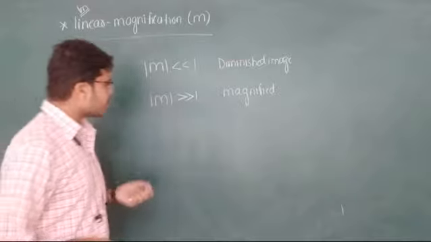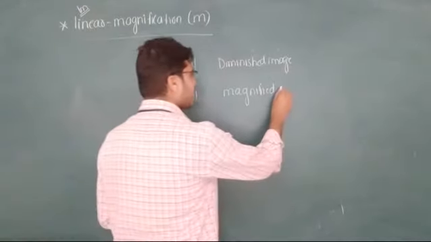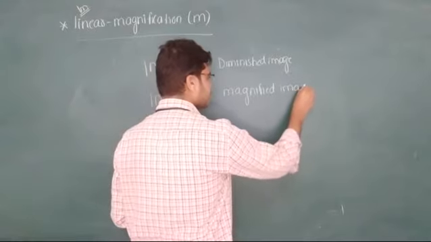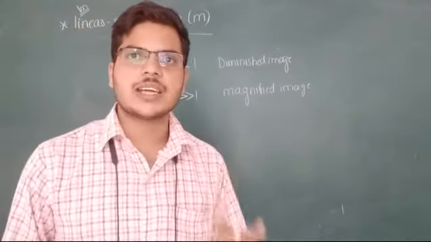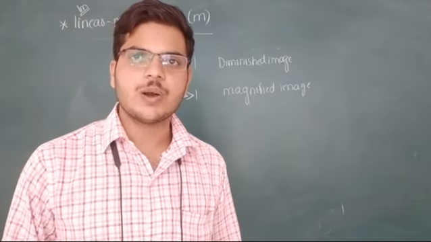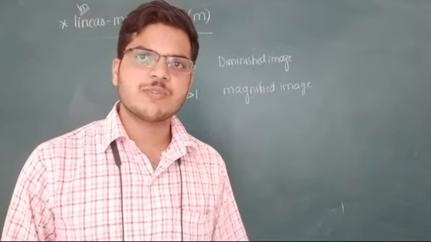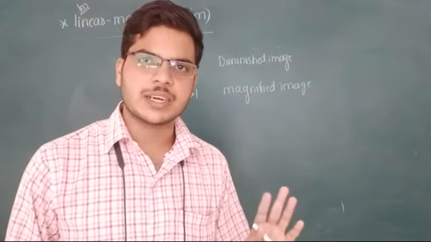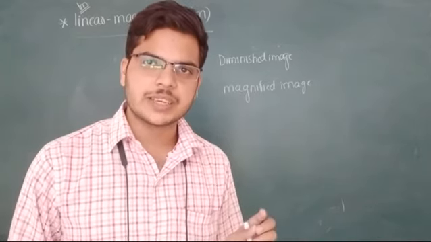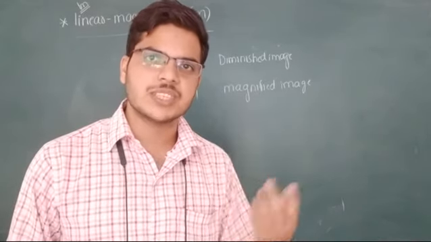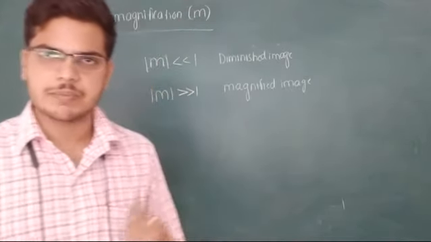Magnified image means the size of the image is larger compared to the object. If the object is 10 centimeter, the image will be greater than 10 centimeter, depending upon magnification. If magnification is 5, then the image becomes 50 centimeter, 5 times greater than the object height.